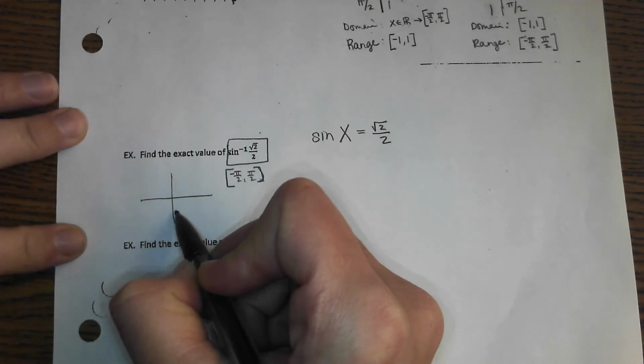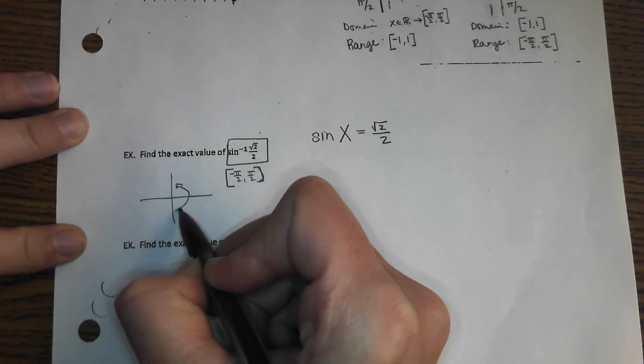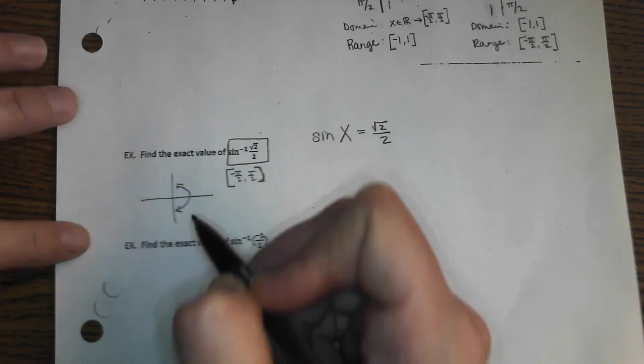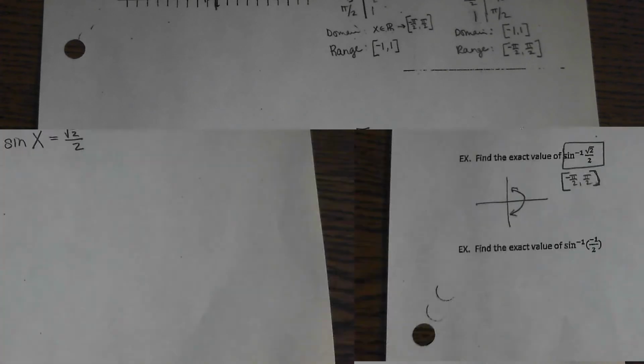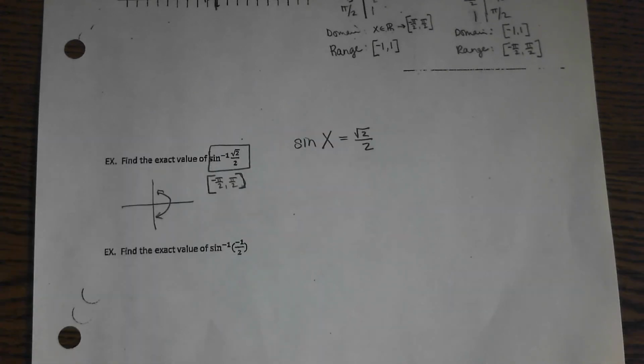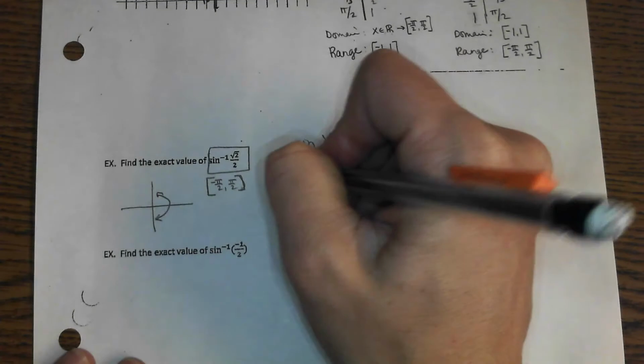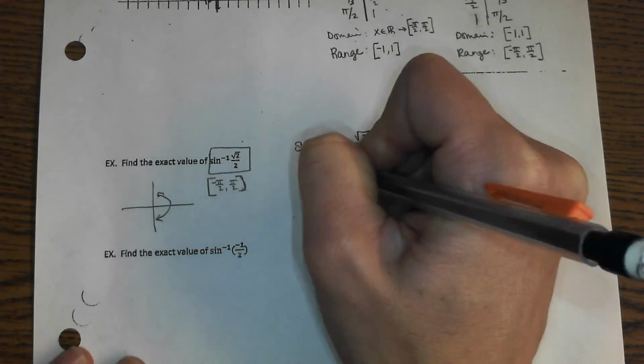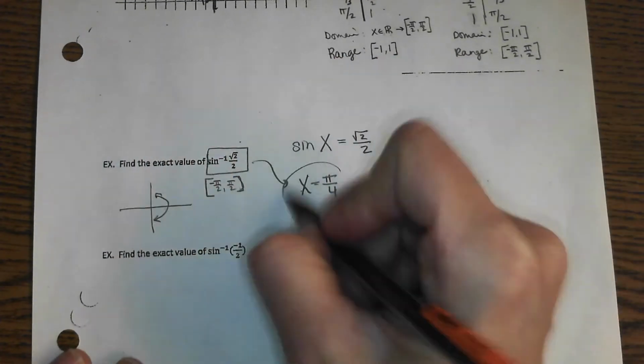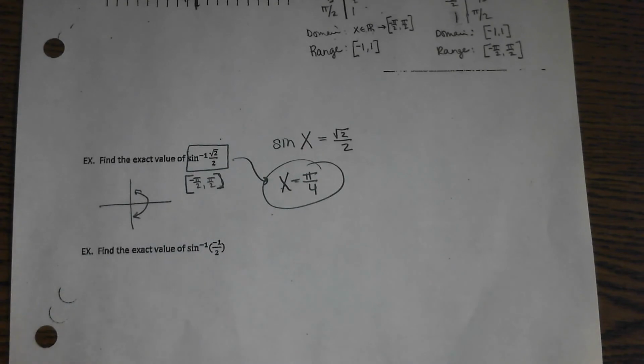In other words, what is the angle in either the fourth or the first quadrant that has a sine of positive root 2 over 2? Pi over 4. Since the sine is positive root 2 over 2, it's definitely first quadrant, and then pi over 4. So this equals pi over 4. Inverse sine of root 2 over 2.